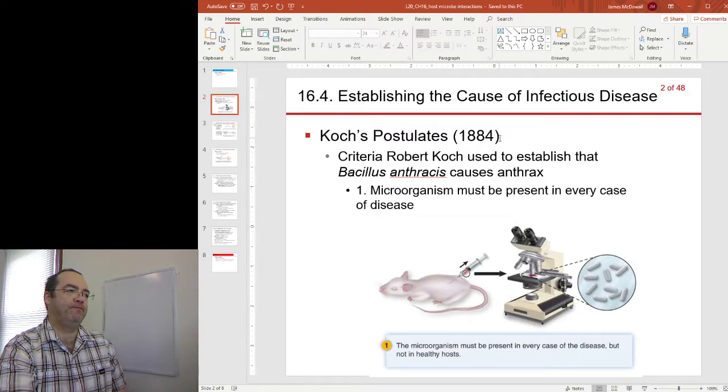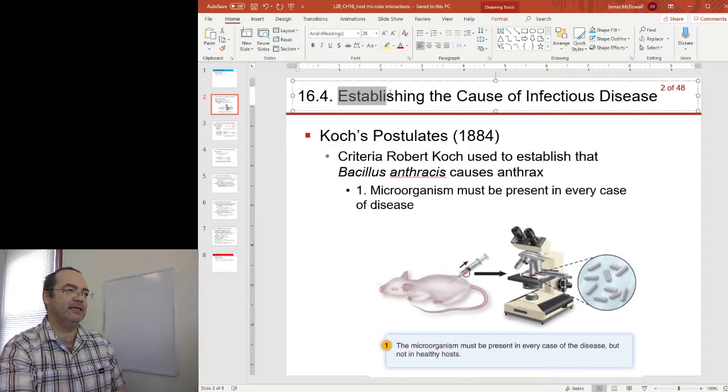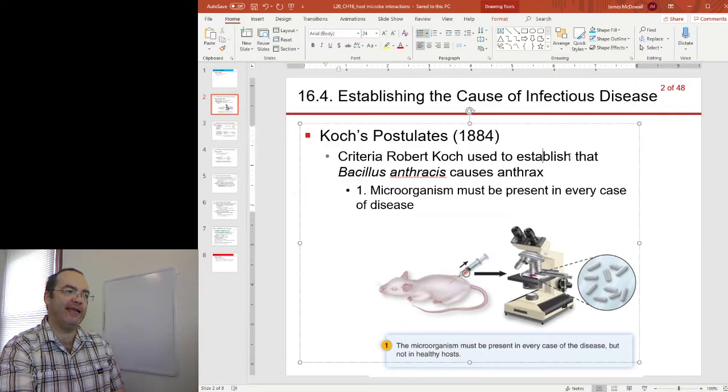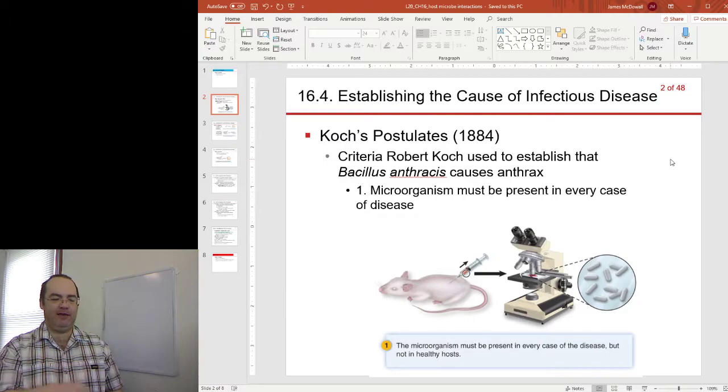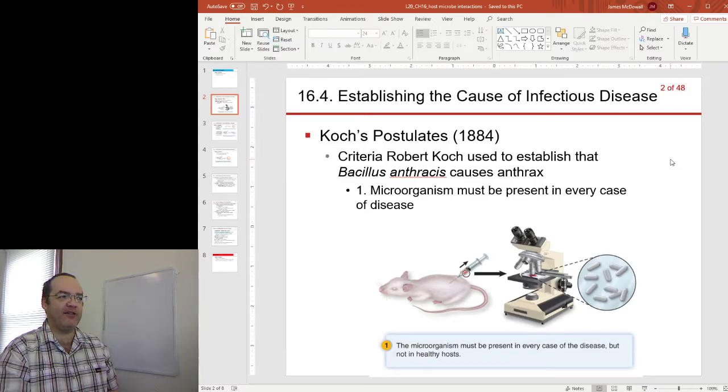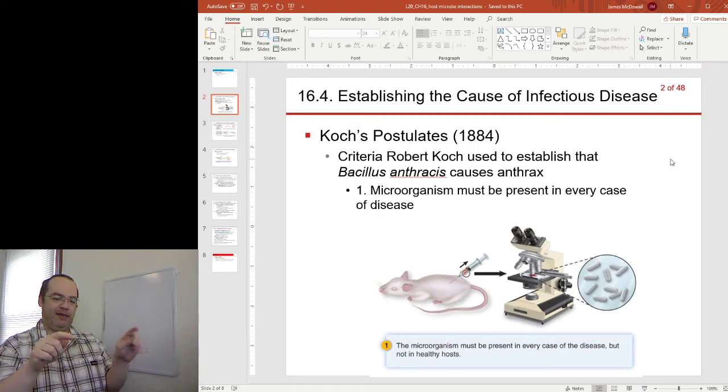So the idea is how to establish the cause of an infectious disease. You have a person who is sick. You think it is being caused by a particular microbe, a particular pathogen. How do you know for sure that pathogen X is causing disease X?